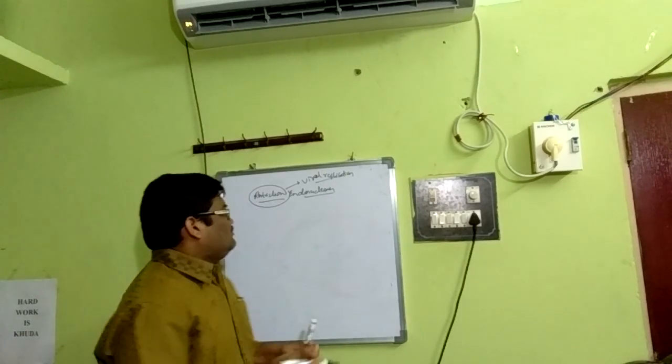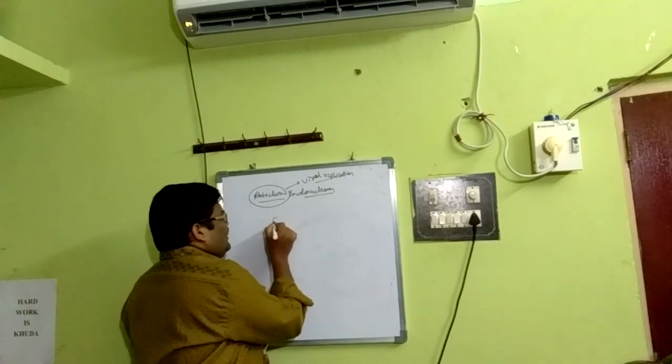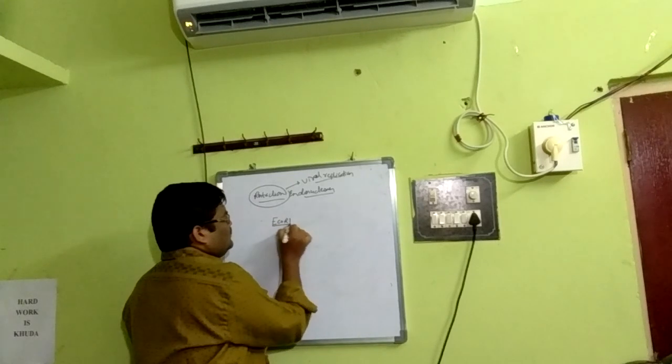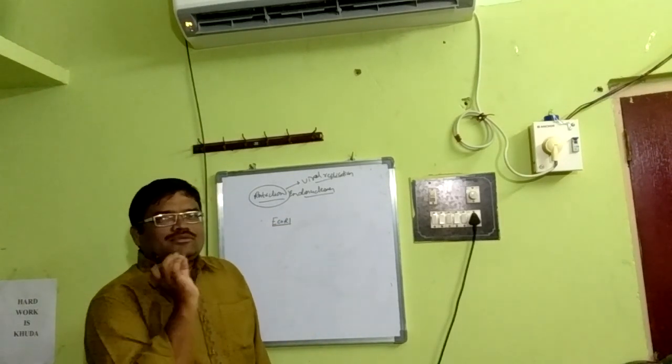How? I will tell you. Let's take one important example, a restriction endonuclease we call EcoR1. Before we go into the mechanism of how it works, we have to learn certain basics.